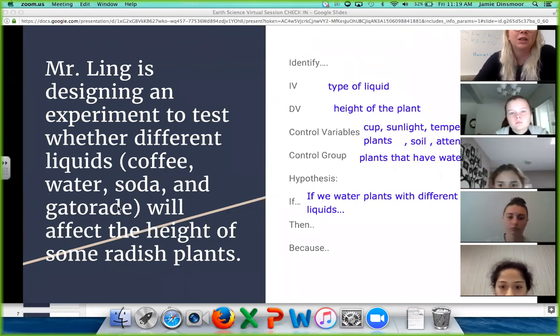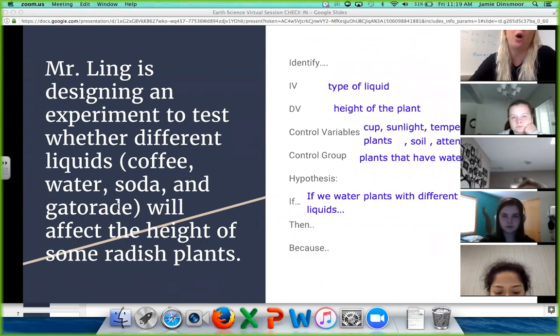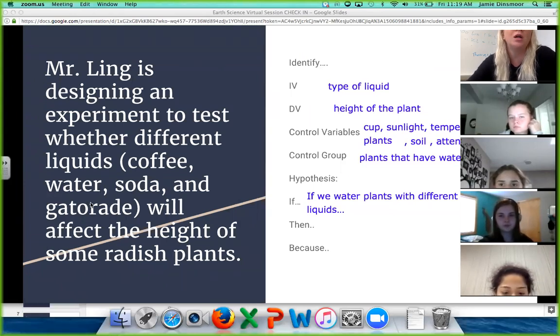Okay, let's see. I'm just going to read a few of these. Ooh, so many. All right. Amanda says, I think the plant that's watered with water will have the highest height because water is used to water every other plant. We water plants with different liquids and the plants will grow slower because no one waters plants with soda. Okay, so Vitali, you want to specifically state that if we water with soda, then it will grow slower.